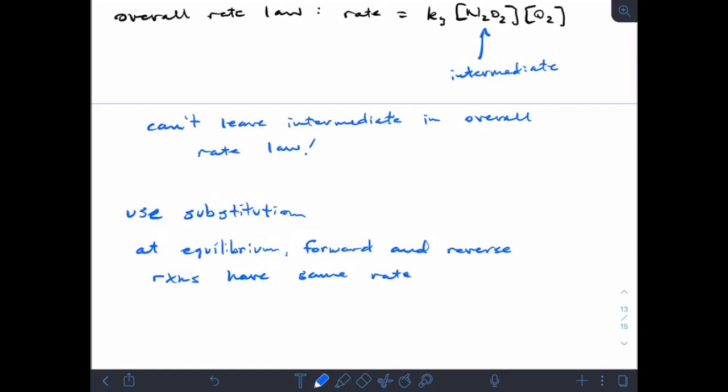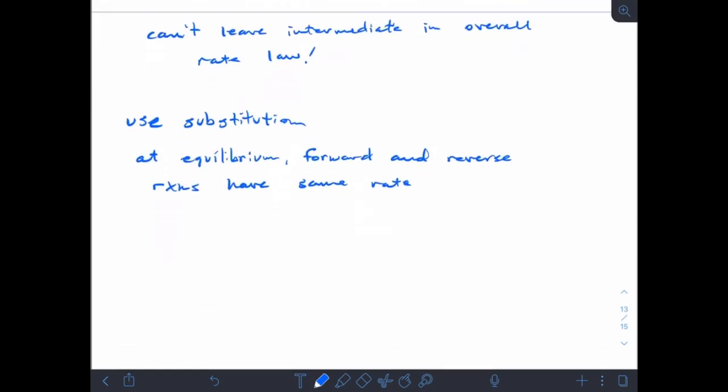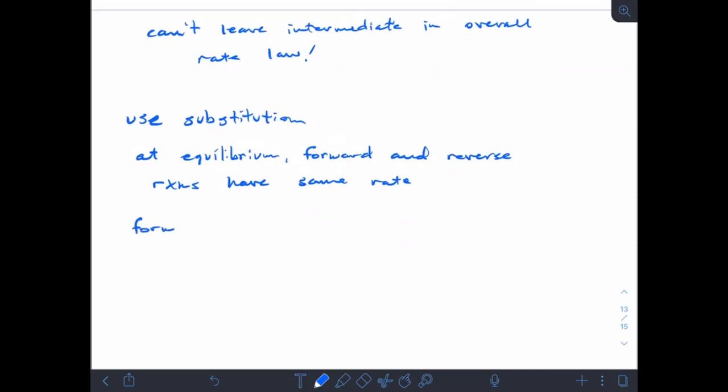Our first step was in equilibrium, so our forward reaction is 2NO with K1 gives us N2O2. We can write a rate law for that: rate equals K1 NO squared. Squared because it's an elementary reaction, so the order is based on the stoichiometry.